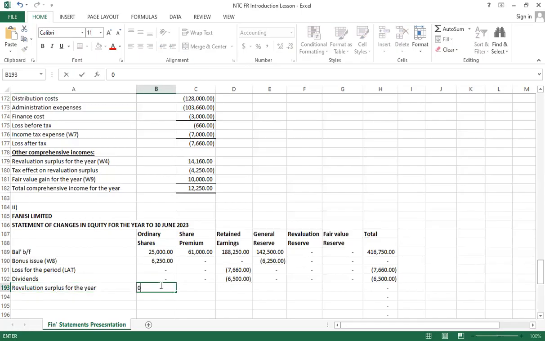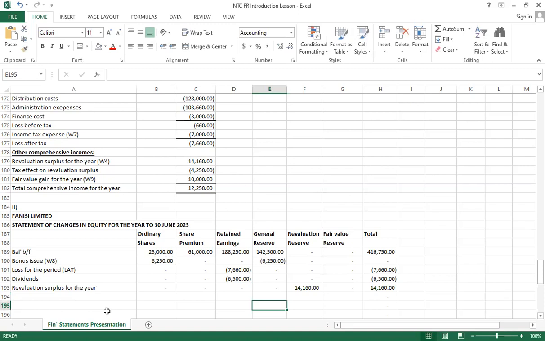So this is a nil for the ordinary shares, 0 share premium, 0 the retained earnings, 0 the general reserve. Under the revaluation reserve, equal to the revaluation surplus was this 14,160. Now that is not adjusted, and the fair values were 0.